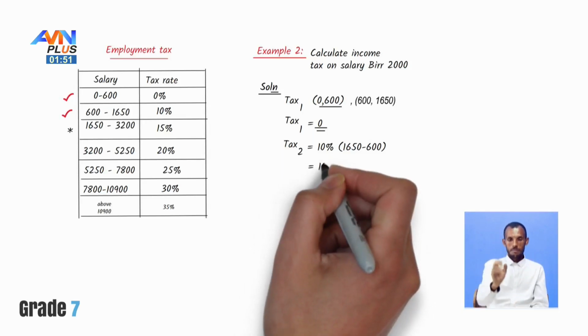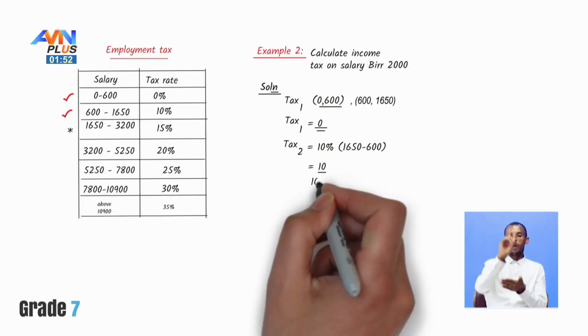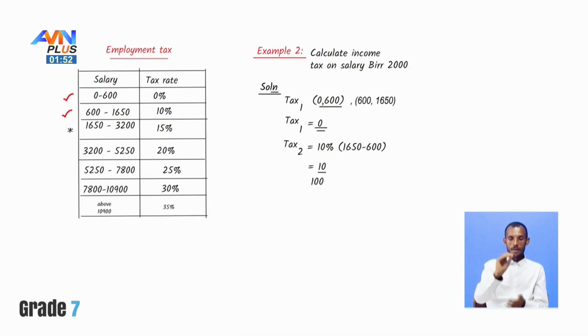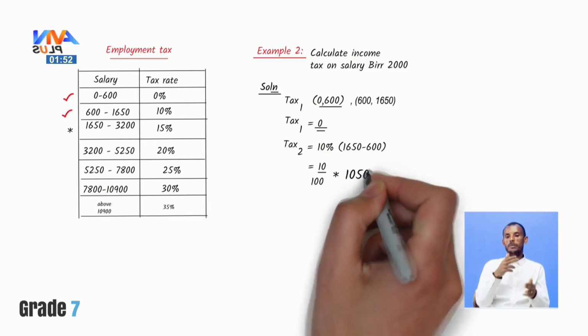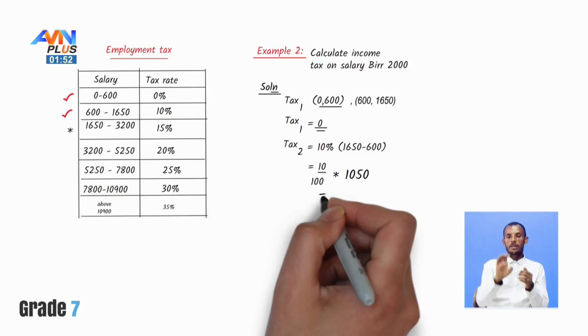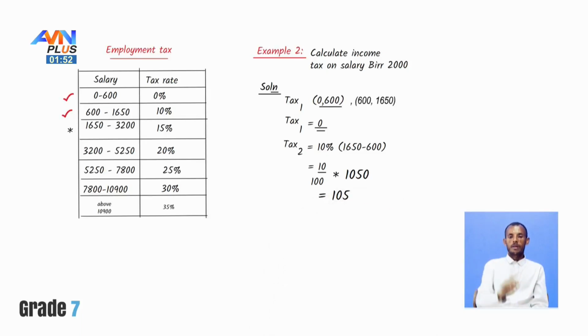So 10% of the difference of the two, 1650 minus 600. Therefore, 10% times the difference is this, 1,050. 0 cancels out again.